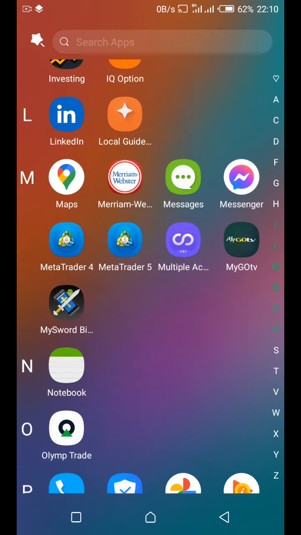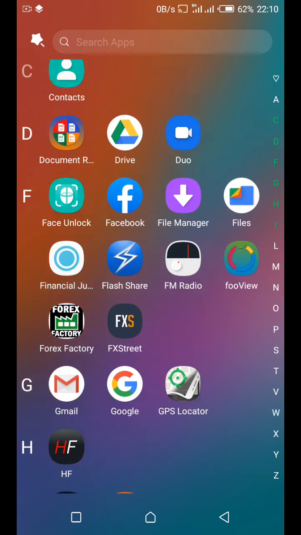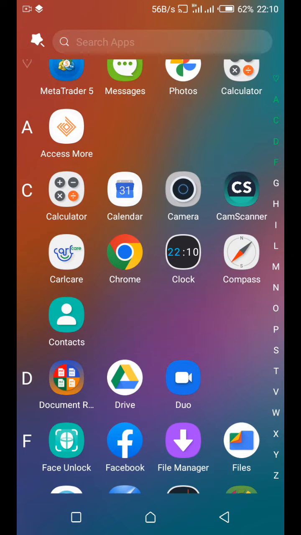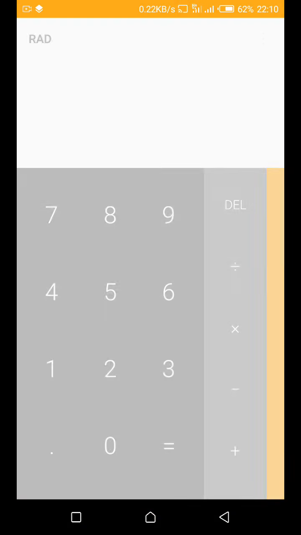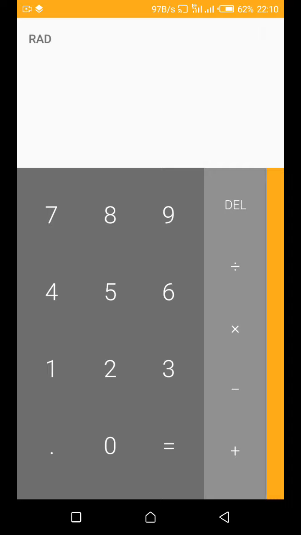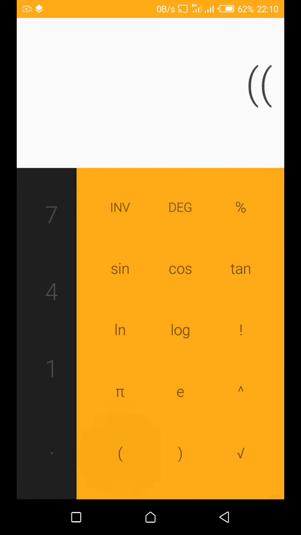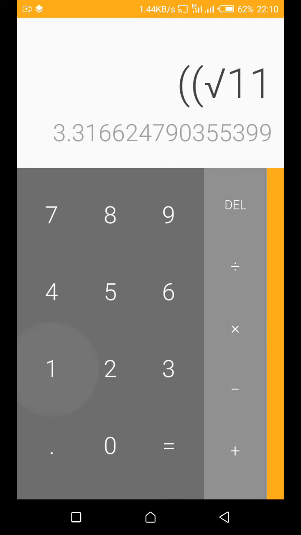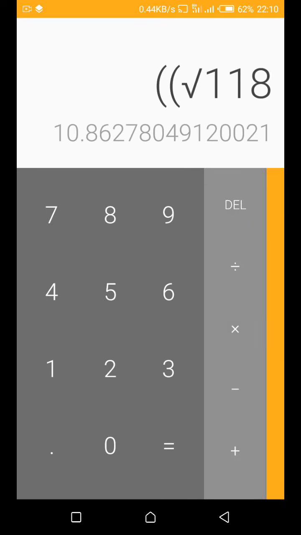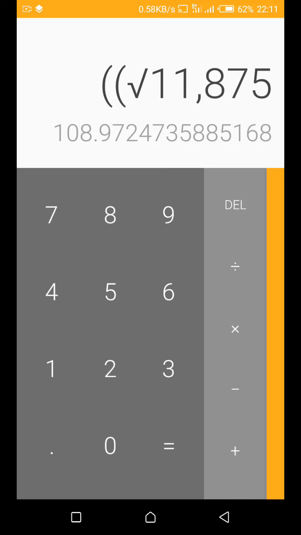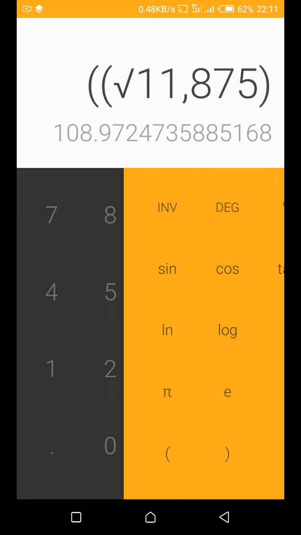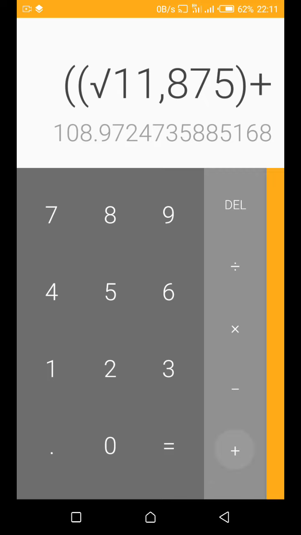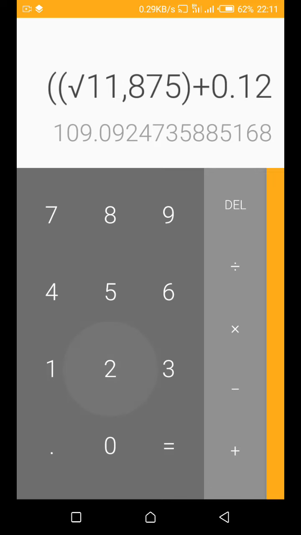I have my calculator. I'm bringing the number 11875, take its square root, and add 0.125.